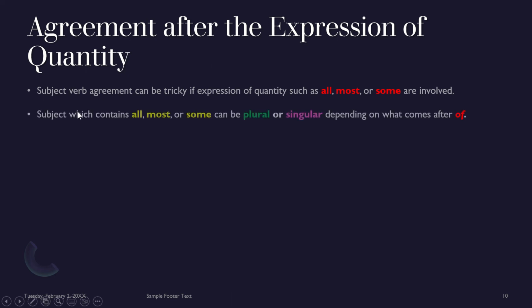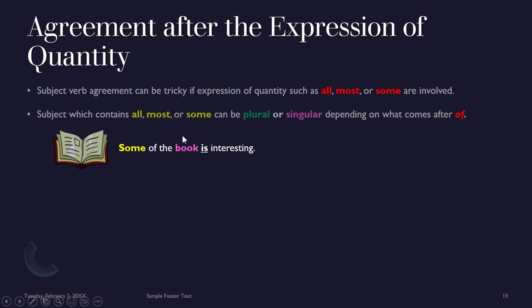Subjects which contain all, most, or some can be plural or singular depending on what comes after of. Okay? If you see these words, all, most, some, you need to look at the word that comes after of.